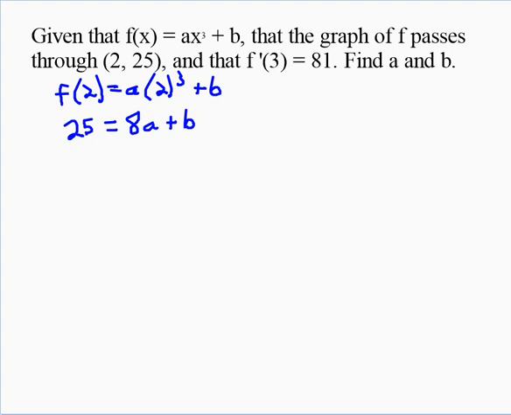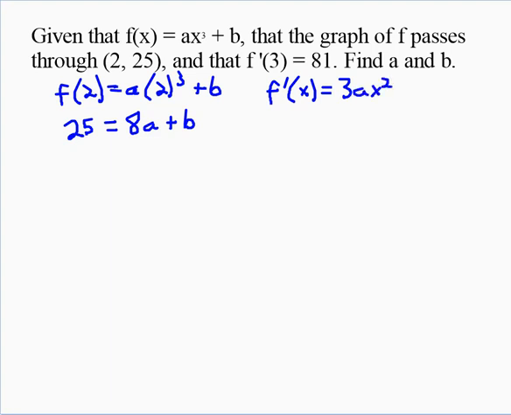So let's use this second piece of information, that the derivative at 3 is 81. First of all, we're going to take the derivative of our original function. So f prime of x is going to be equal to 3a x squared.